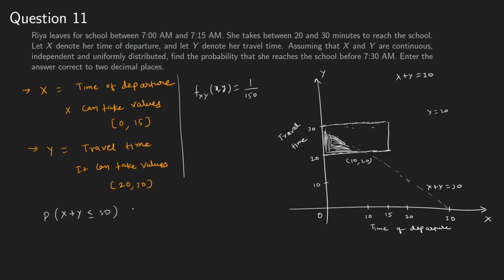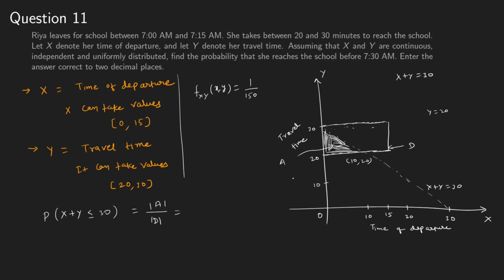So this probability will simply be equal to the region. This region we can represent with A, and the total region we can represent with D. So this probability will be equal to the area of A divided by the total area of the support.